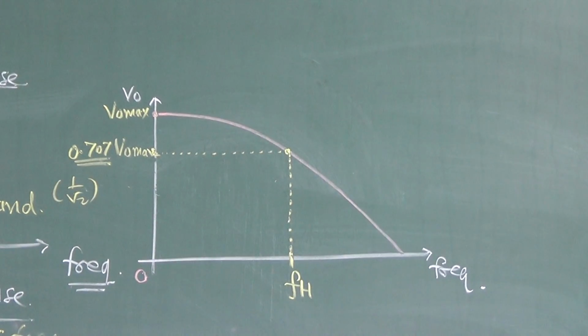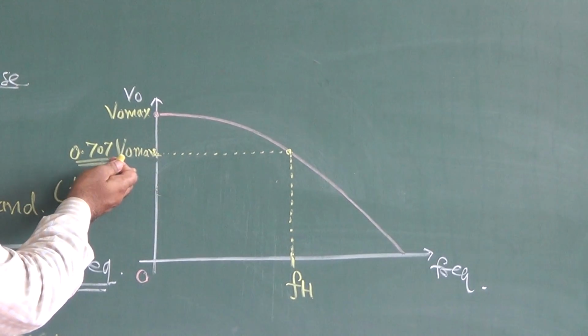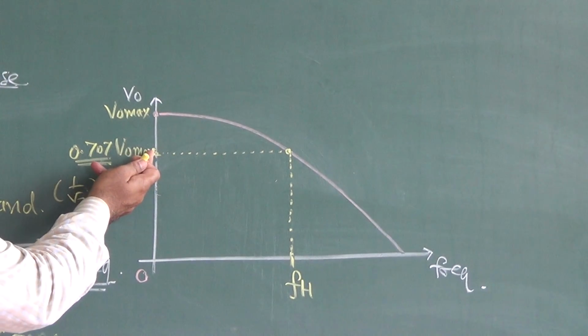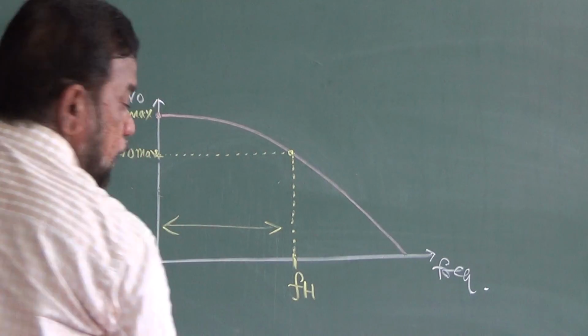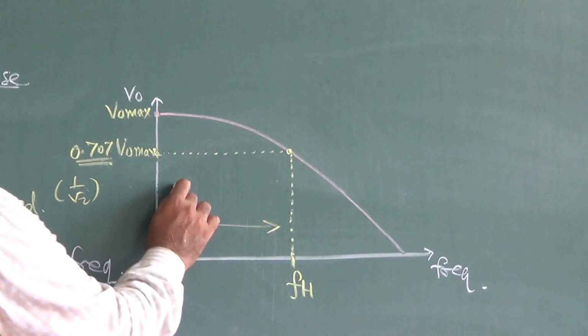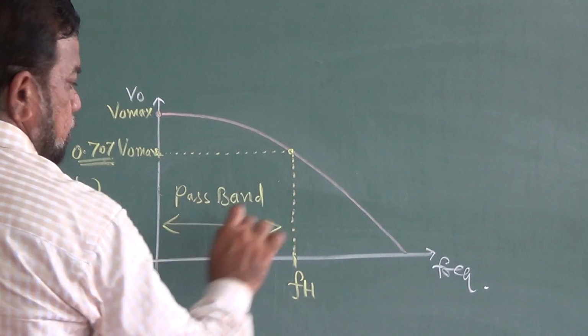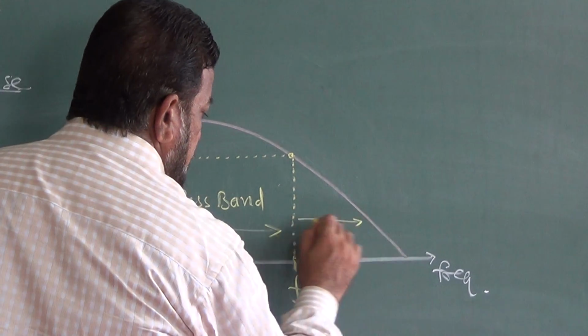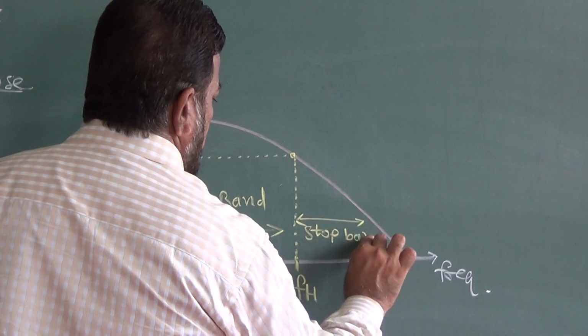Okay, so what we did, the maximum voltage multiplied by 0.707, we got the point somewhere here, and corresponding to this, whatever the band is there, this band is called the pass band. Corresponding to this frequency, whatever the band is there, that band is called the stop band.